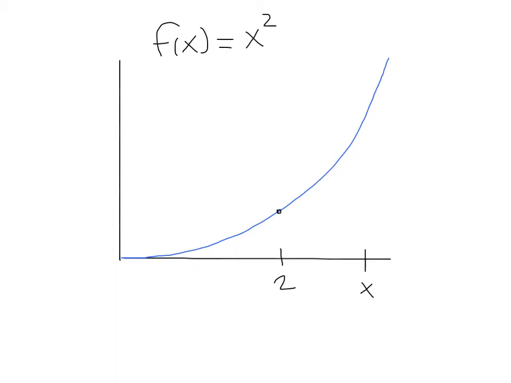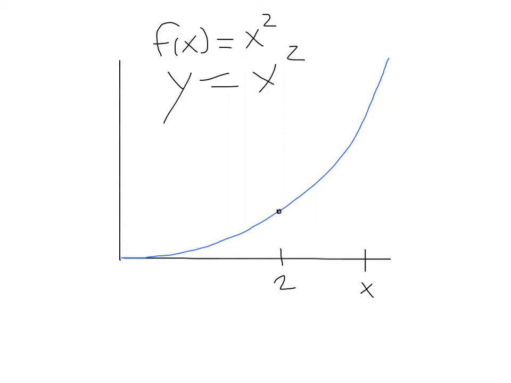This could just as easily be y equals x squared, but we're going to use function notation to emphasize the fact that there could be a lot of different variables besides x that we could have on the x-axis. So we could have f of t equals t squared if it were like an equation for time on the x-axis. But essentially you can think of f of x and y as the same thing.